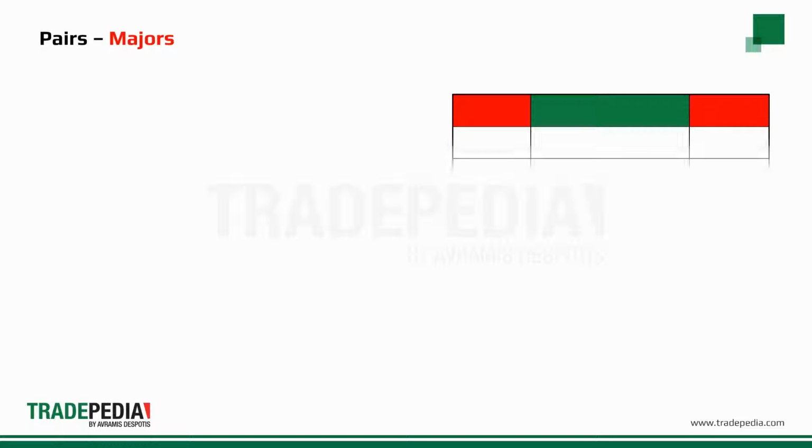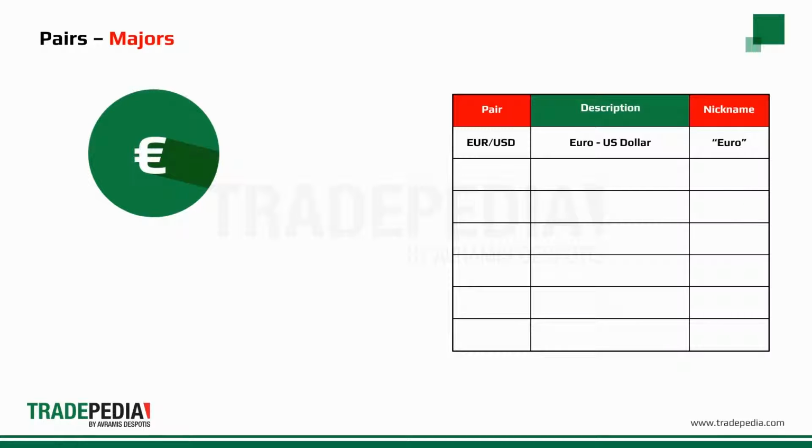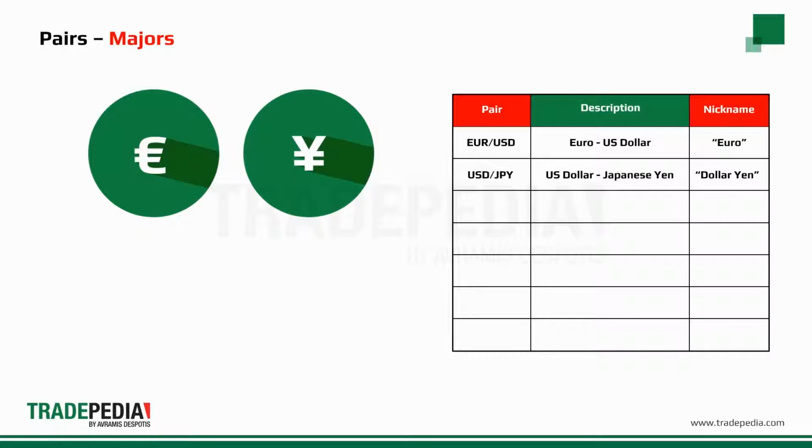The 7 most traded pairs of currencies in the world are called the majors. Majors have the US dollar as one of the currencies in the pair, and they are usually referred to with their nickname. Euro-USD. Euro against the US dollar, known as the euro. USD-JPY. US dollar against the Japanese yen, known as the dollar yen. GBP-USD.